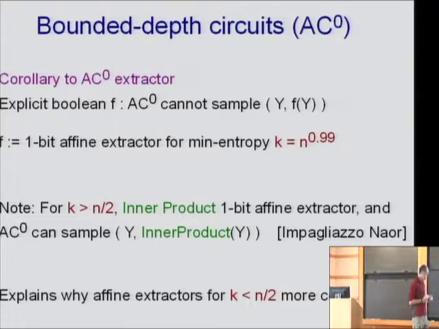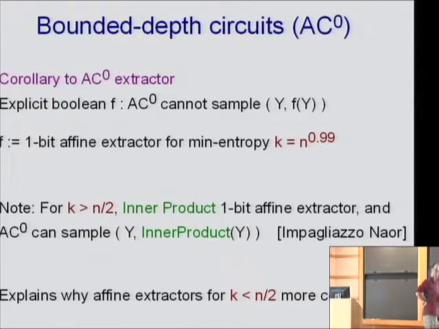This is somewhat interesting in relationship to the work by Russell that I mentioned before. Here I cannot sample f if the entropy is somewhat below n, so n to the 0.9. Actually, if k is above n over 2, then inner product is a one-bit affine extractor.